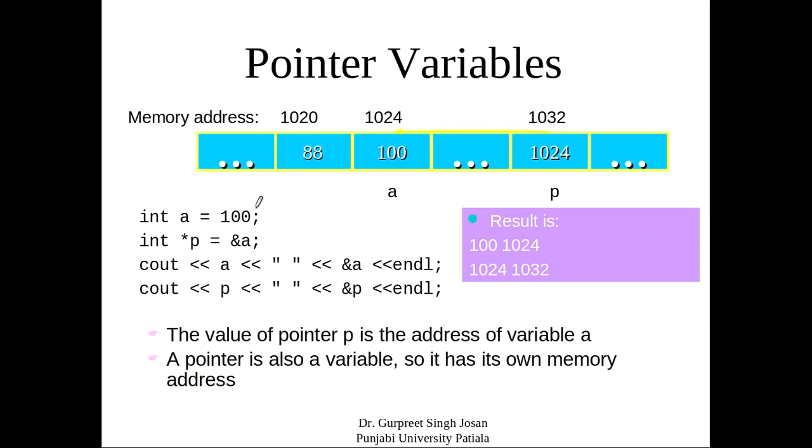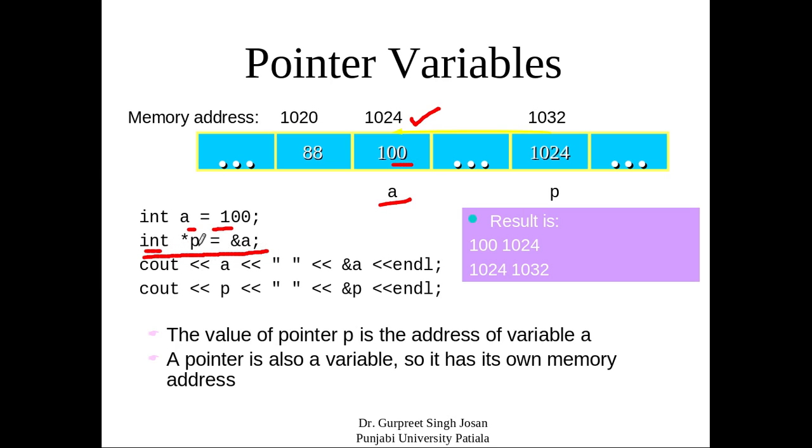Then a pointer variable can be accessed using the star operator. Similarly, when you declare a pointer variable, that variable also has an address, and you can get that address too. In this example, I am creating the same variable a. Memory is allocated to variable a, and the value is 100. In the second line, I am creating a pointer variable of data type integer.